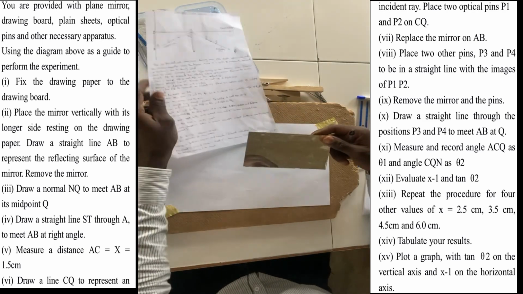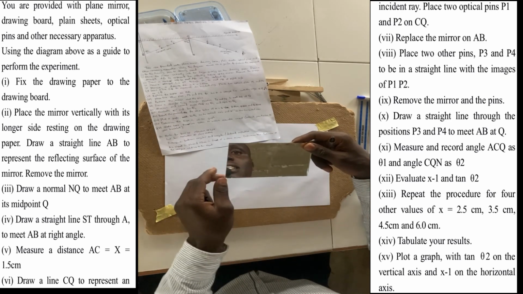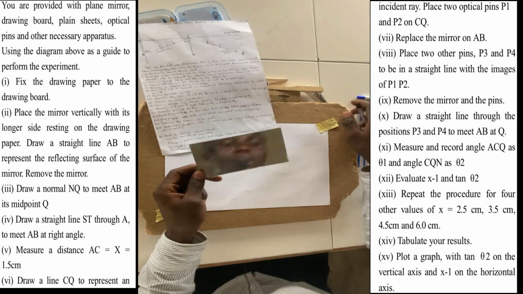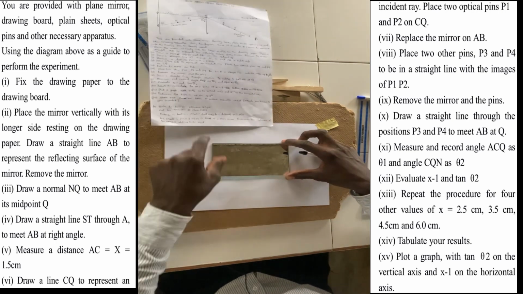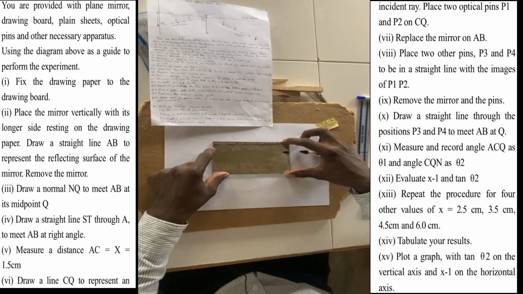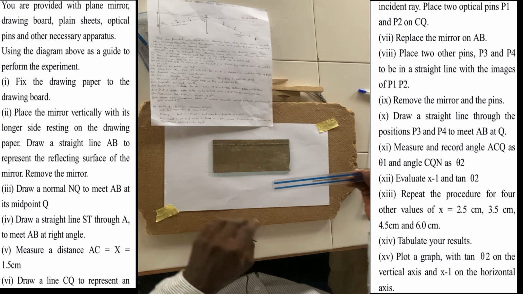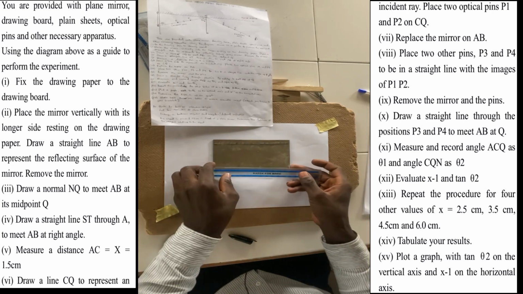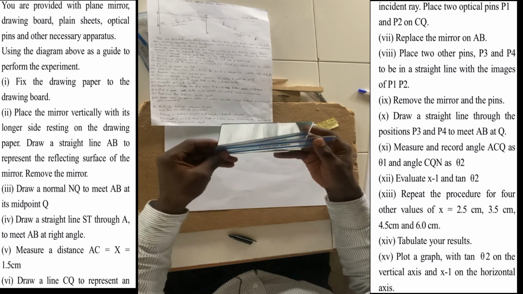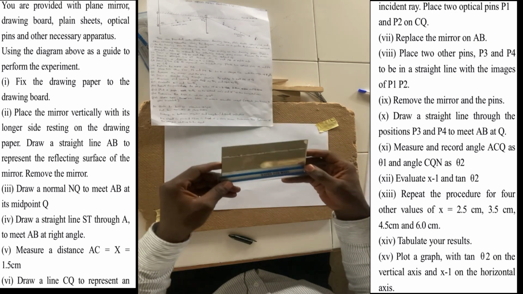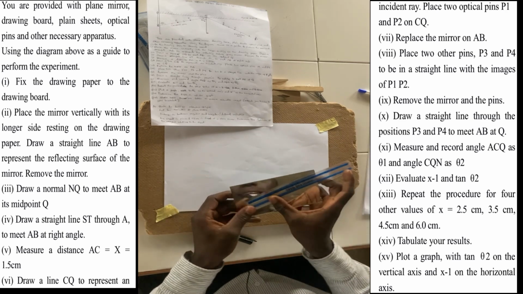Draw the outline AB to represent the reflecting surface of the mirror. Normally we have to place this mirror on the drawing paper to draw the outline. But to save ourselves much stress, just take your ruler and measure the length of this mirror.